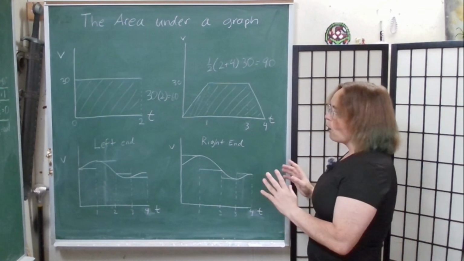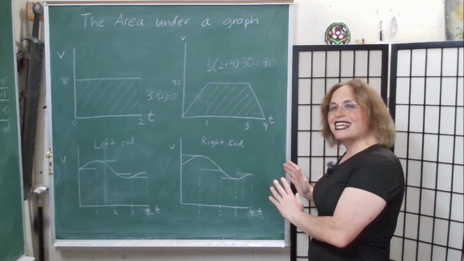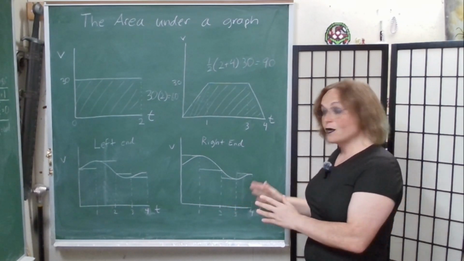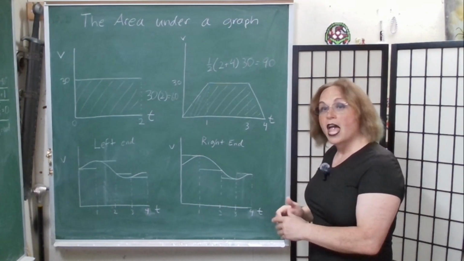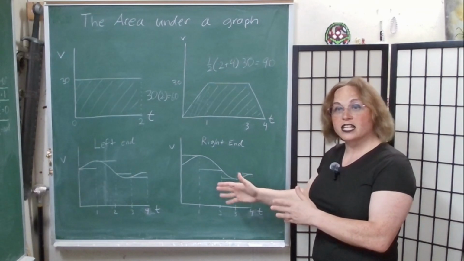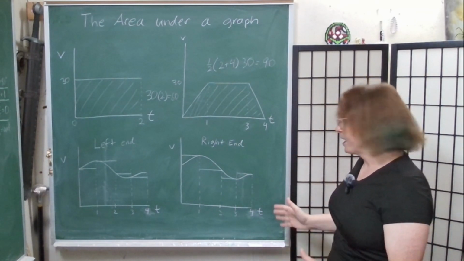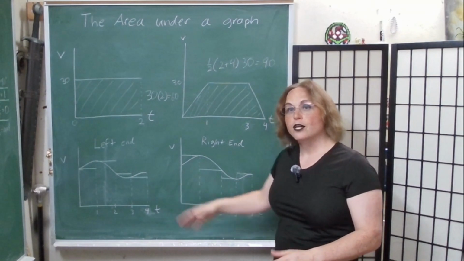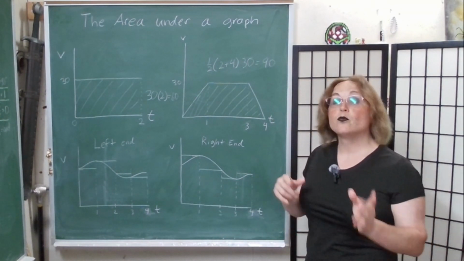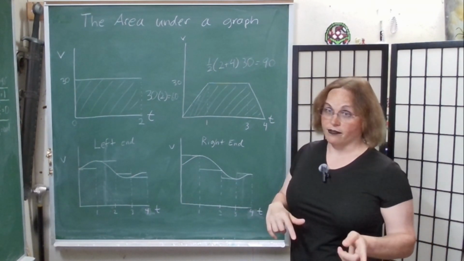Then we take the limit of these as we increase the number of partitions. When we increase the number of partitions, our approximation becomes a better approximation of the area under the curve, just like we did when we used limits for the derivative.